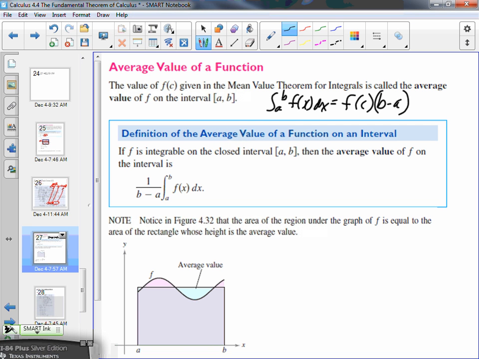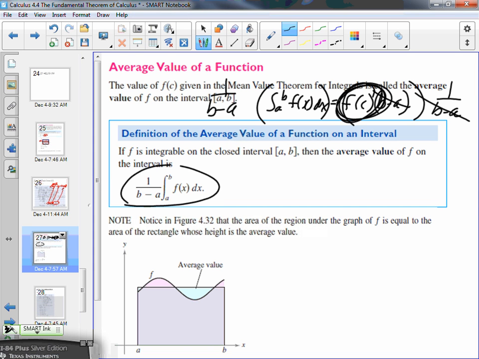That's what the mean value theorem for integrals says, correct? Just multiply it by 1 over b minus a. So you get f of c alone, and what's on the other side? That.